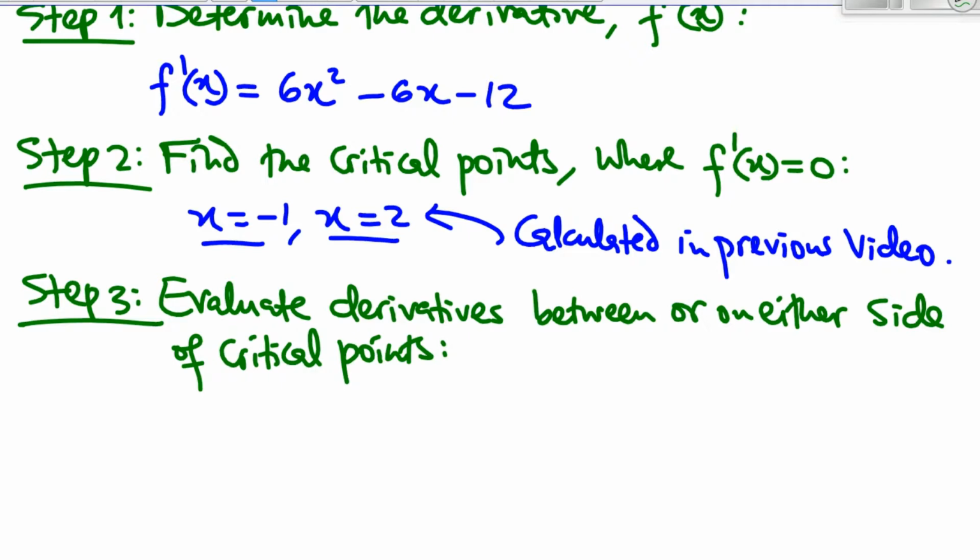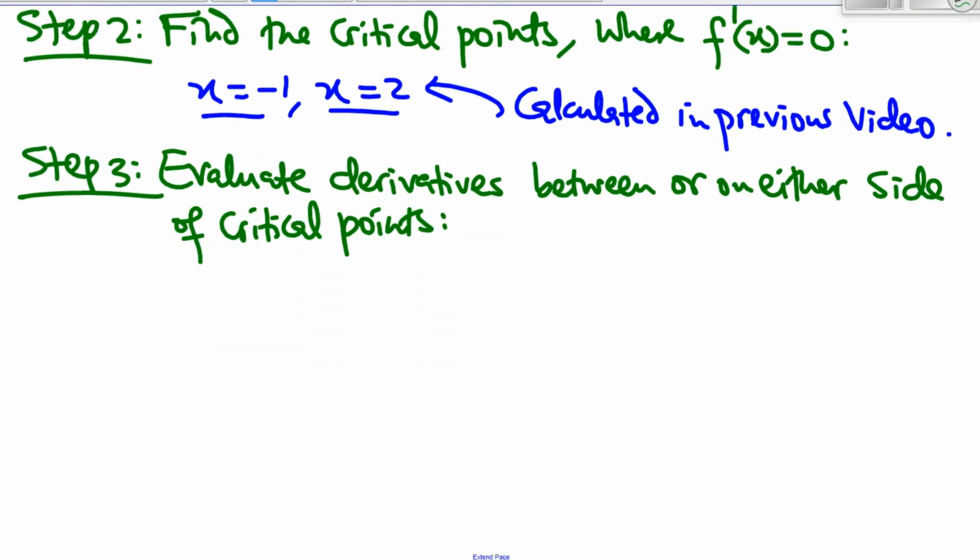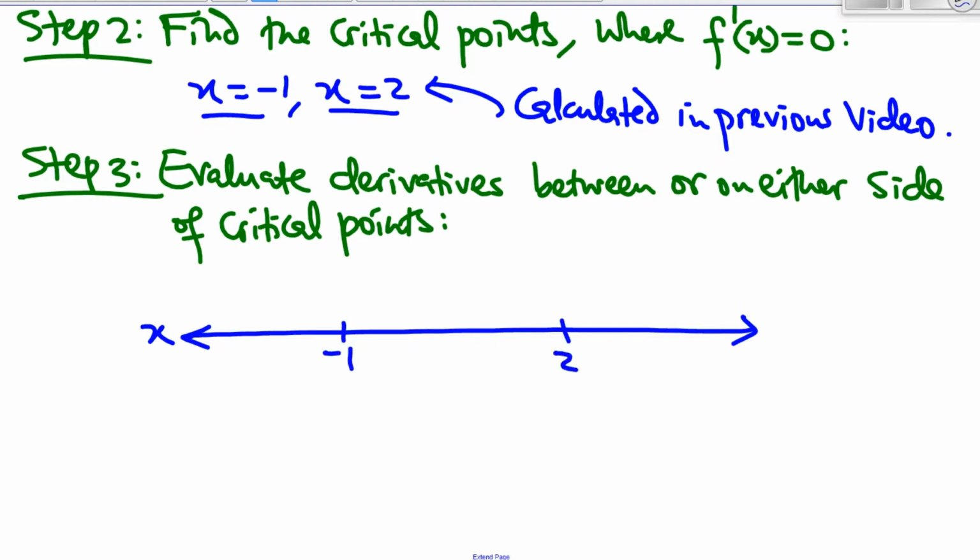Which means we need to go ahead and draw a sign diagram. And we had already done this previously. And these are the x values, by the way, of the critical points. And we had -1 and 2.